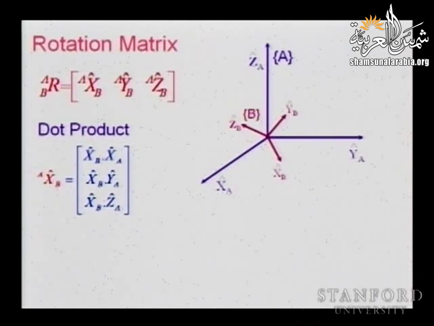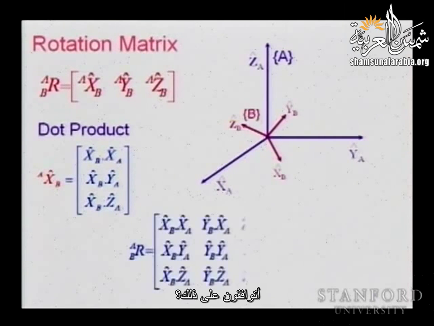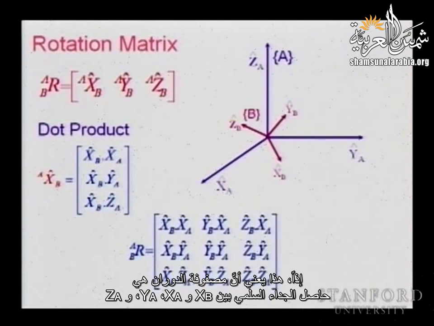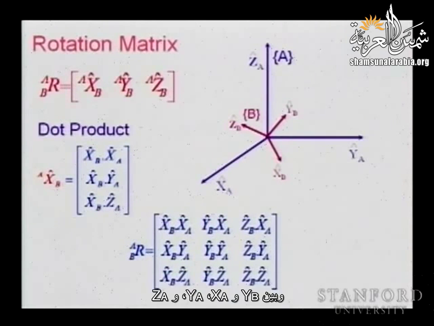You agree? Good. So the rotation matrix is essentially the dot products of xb with x, y, and z, yb with x, y, and z, zb with x, y, and z. Right?